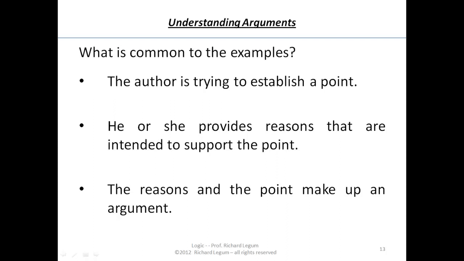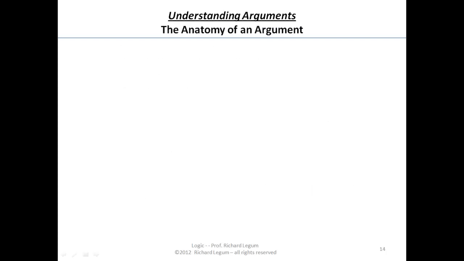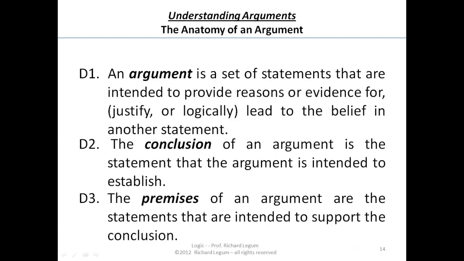I think we can sum up what we know about arguments by defining the particular terms, because it's always helpful to make sure we understand what we're talking about. Notice we tried to define argument, reason, logic, but I think we want to get really precise, and philosophers in general like to be very precise about the meaning of the terms they're using. Here is what I'm going to call the anatomy of an argument.